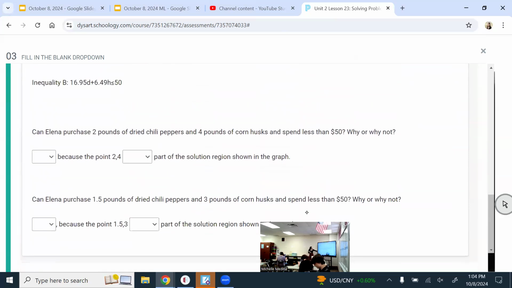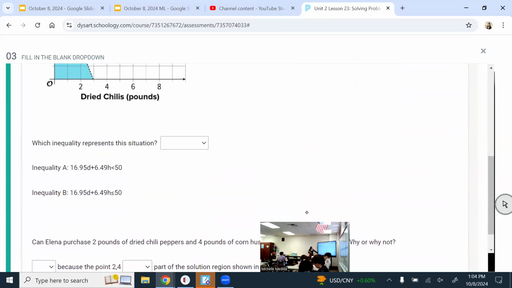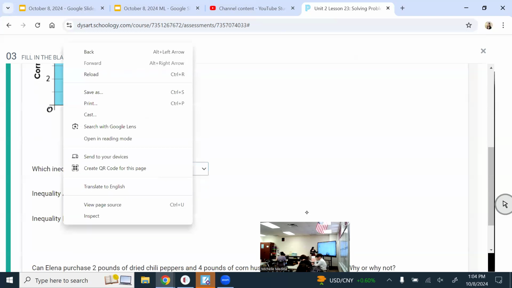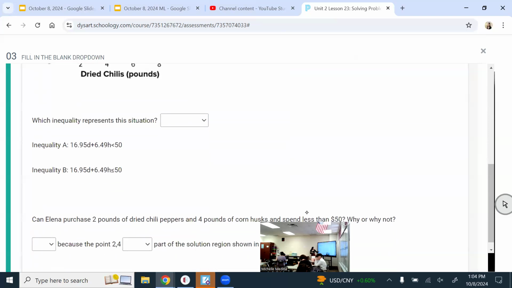So if this is my graph, to translate it from this to here, I'm probably going to look more toward the words because it's hard to do it from the graph when these are not in slope intercept form. So I'm going to do it based off the real world situation, and what seems to be different here is the sign that they're using. Everything else is the same except this sign.